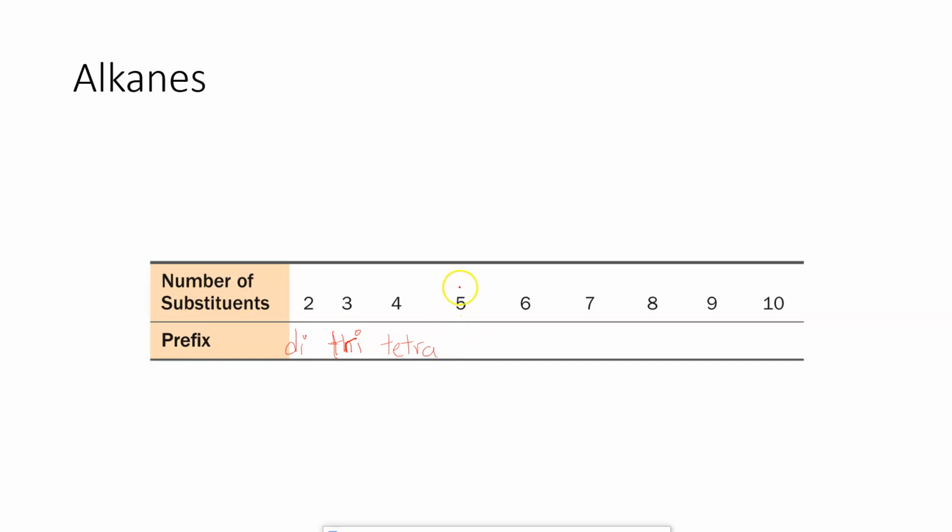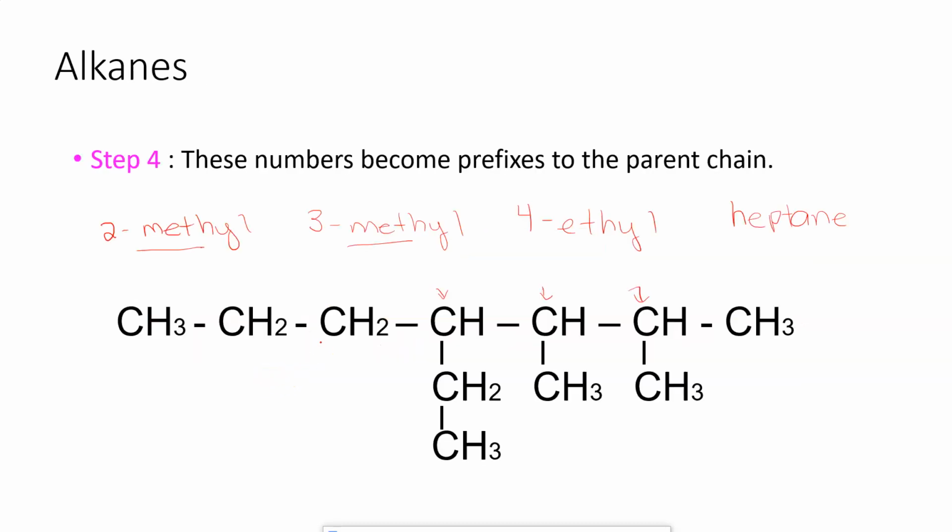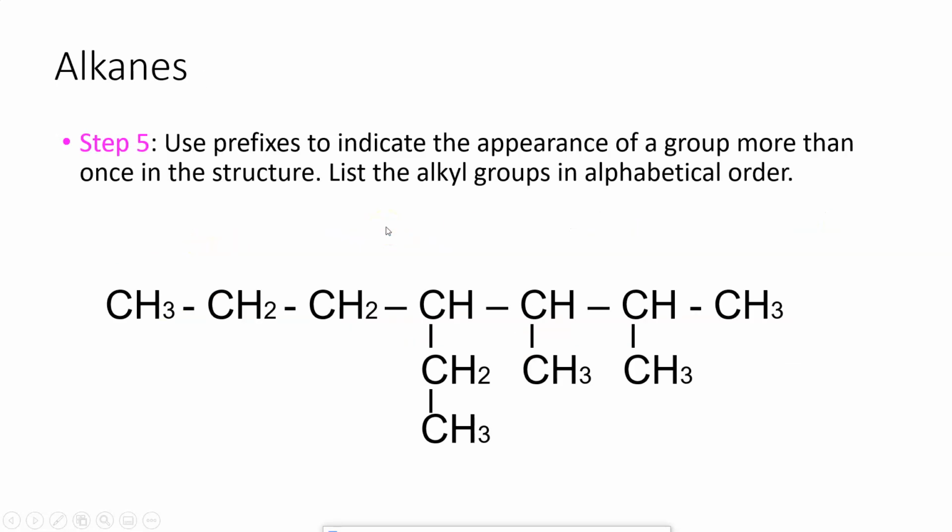For 5, penta. If I have 6 of the same, it's going to be hexa. 7 of the same, hepta, octa, nona, deca. Okay? So in my example, I have 2 methyls, right? So instead of writing 2-methyl, 3-methyl, I'm going to say 2,3-dimethyl. Okay? So let's see.